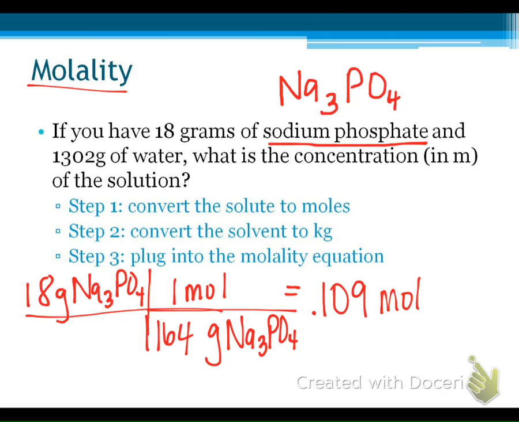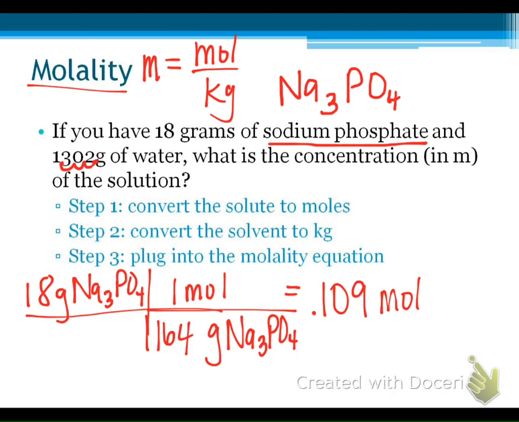Remember, we're solving this time for molality, which is little m. Little m equals moles over kilograms of our solvent. So we have moles, and we are given 1,302 grams of water. How do we go about converting this grams to kilograms? Yeah, we can move the decimal place 3 places, or we can divide by 1,000.